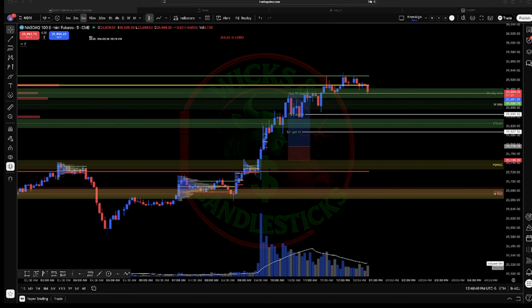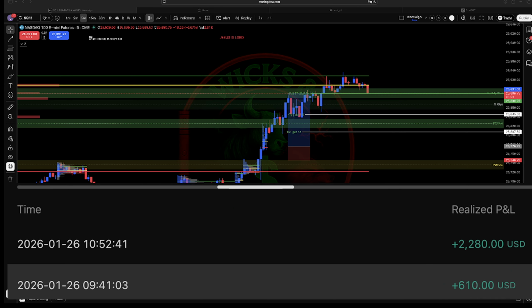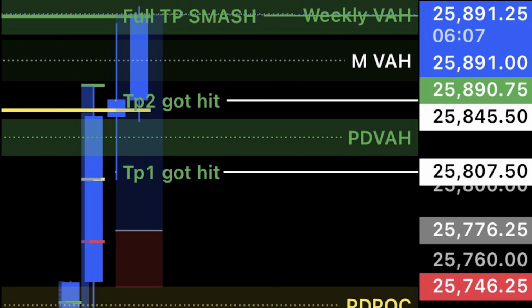I want to break down the buy that I got into this morning. And right here, you can see the results of that buy. The $610, that is the TP1, and then obviously the $2,200, that is the TP2, and here is the entry.